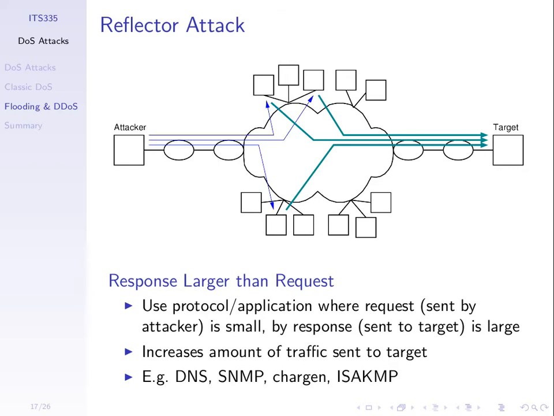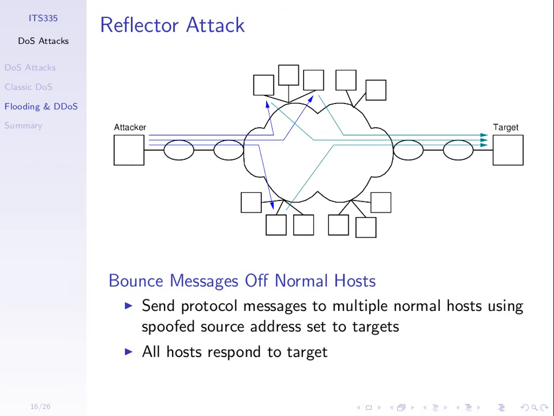If you note, if the request and the reply are the same size, let's say the capacity of the link that we want to overload is 1 gigabit per second, then the attacker needs a link here that supports at least 1 gigabit per second, because the attacker needs to send out at 1 gigabit per second such that these will send in at 1 gigabit per second.